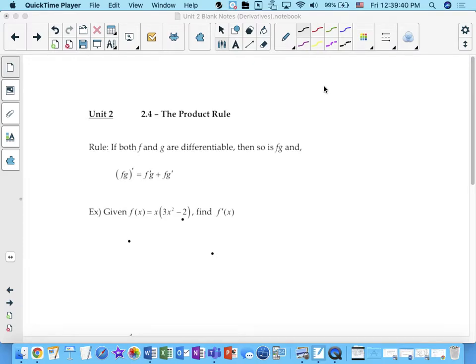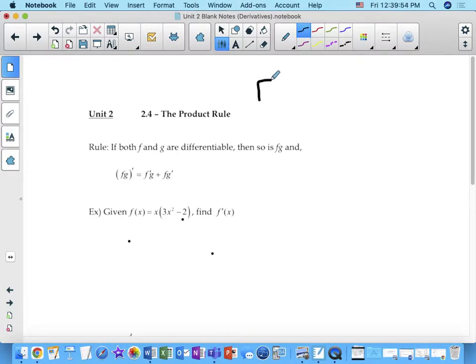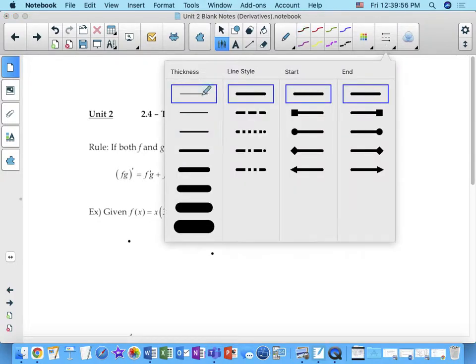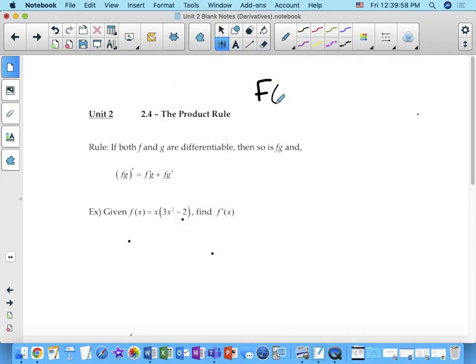The product law, or the product rule of differentiation, I should say, is a rule that allows us to differentiate a function that's a product of two other functions. Let's suppose that we have F of x, with a capital F, is equal to f of x times g of x.